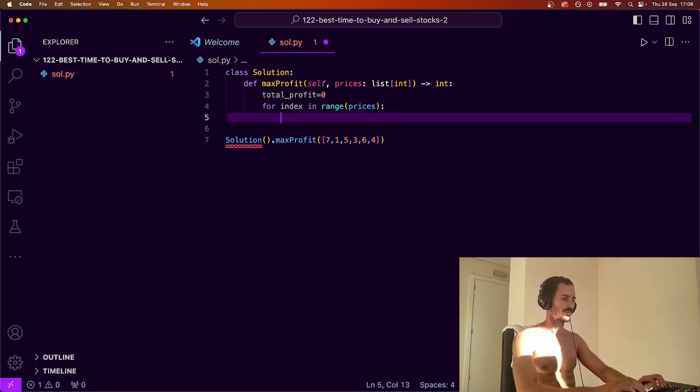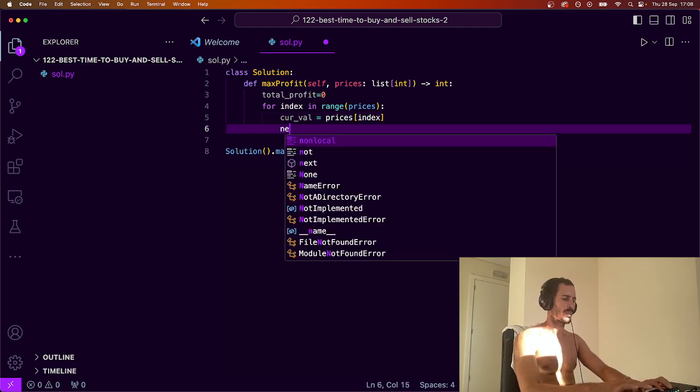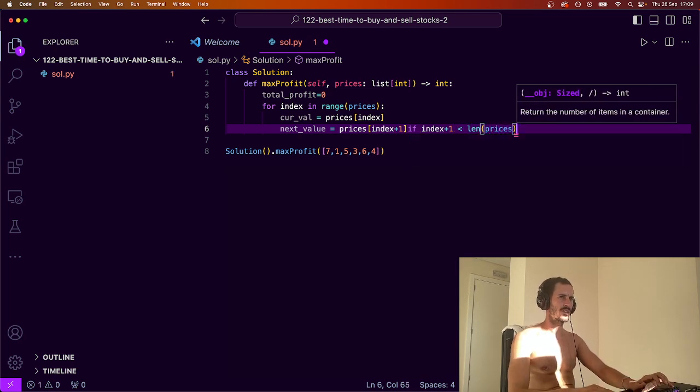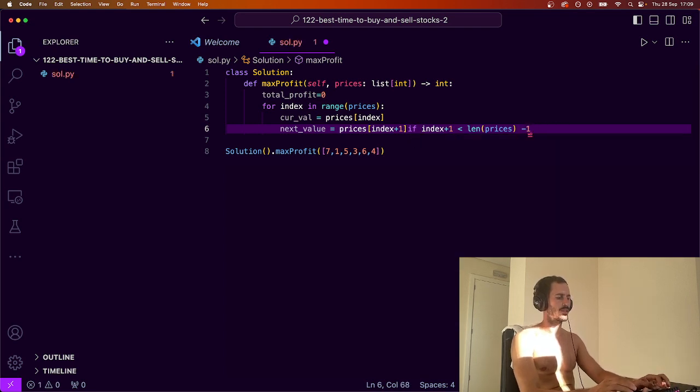So current value equals prices of index, next value equals prices of index plus 1 if index plus 1 is smaller than the length of prices, else it is, I'll just say minus 1, because prices cannot go below 0, I believe.